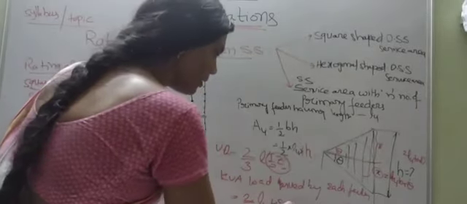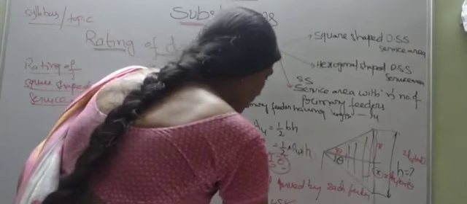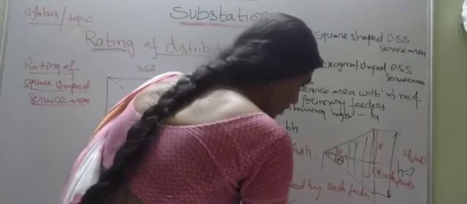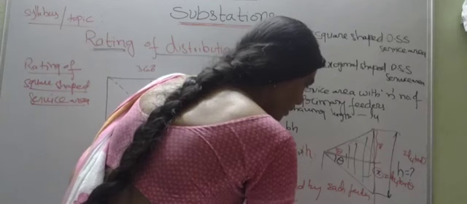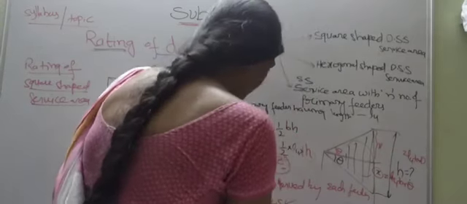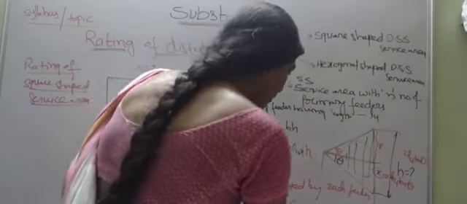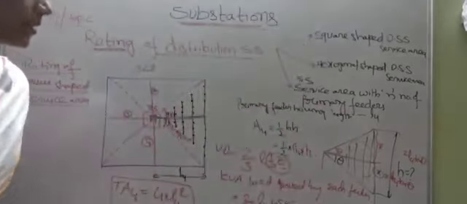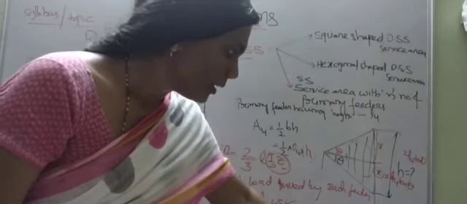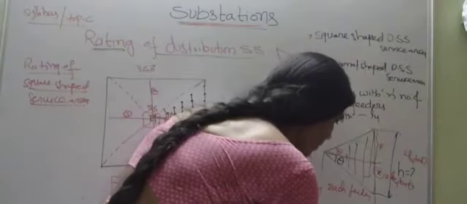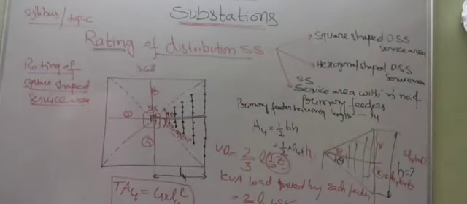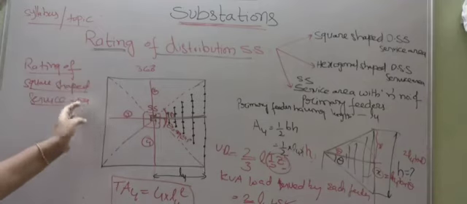Now substitute this value for S4: 2/3 L4 into K into A4 into D. But A4 is nothing but L4 square, so it becomes 2/3 L4 cube into D into K. This is the voltage drop of a square shaped service area.